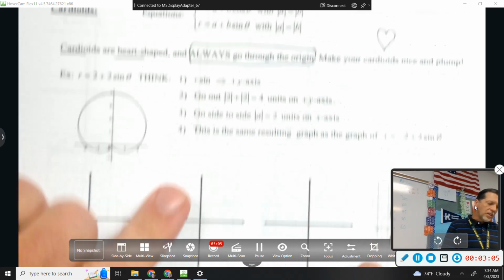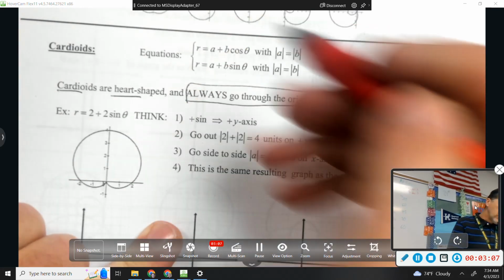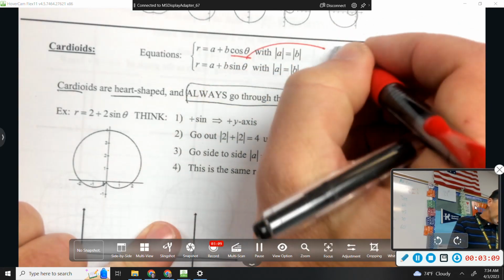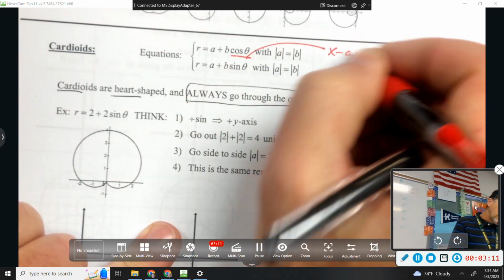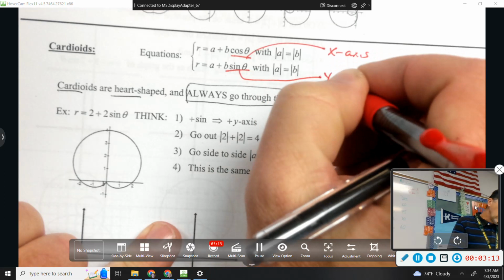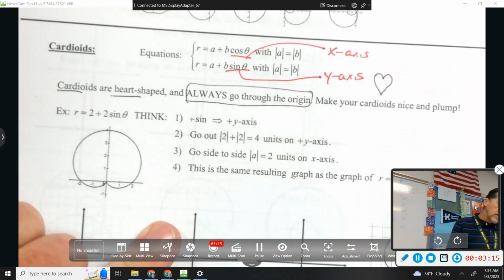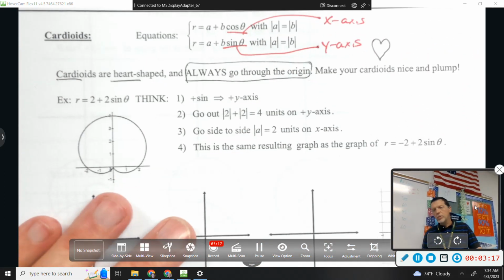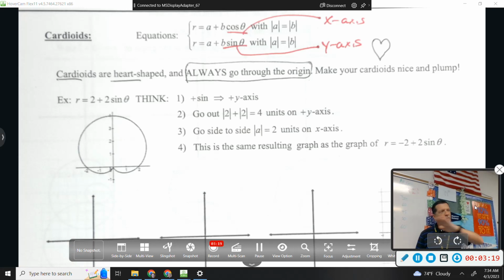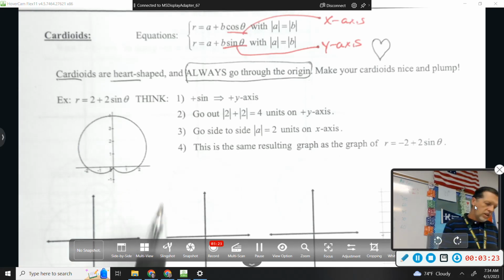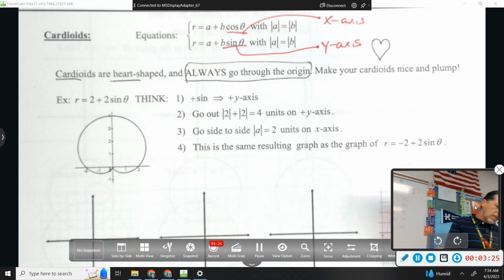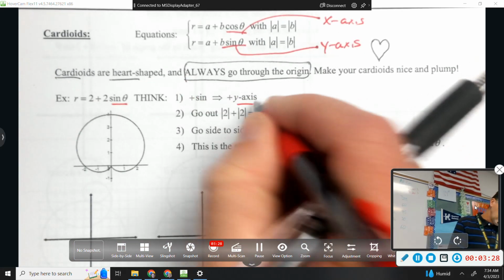All right, some of this stuff we kind of already know. Cosine goes with the x-axis. Sine goes with the y-axis. So already you'll know the orientation. Cosine is going to be a left-right cardioid. Sine is going to be an up and down cardioid. So this first example, sine, y-axis.